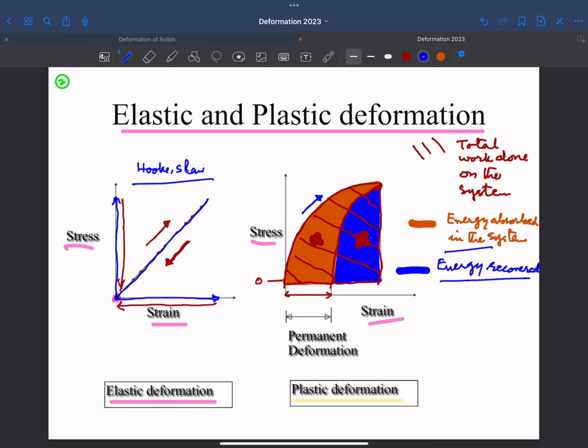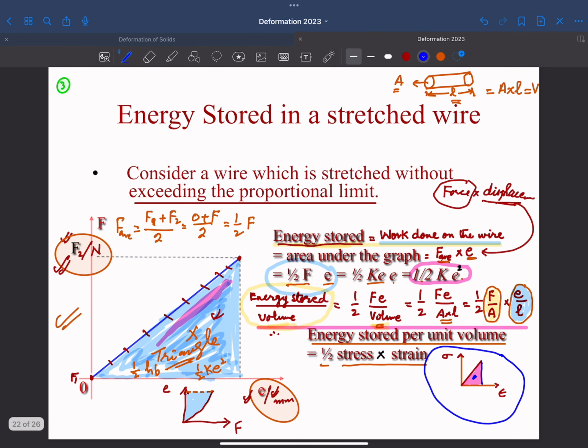So be careful, and of course, as I have already explained, whenever you want to calculate the energy stored, the simple equation is nothing but this equation I am writing here again. Energy stored is nothing but half Fe or half Ke square.